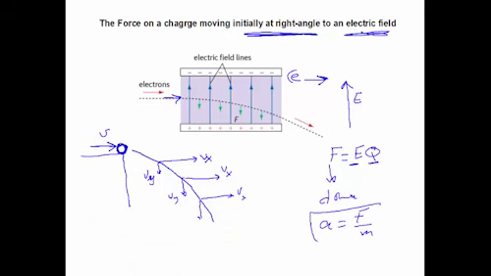So due to this acceleration, it will follow this path. The force is downward, and it is the same everywhere here because we have the same E and the same Q. The horizontal velocity is constant at any point, but it is accelerating downward.